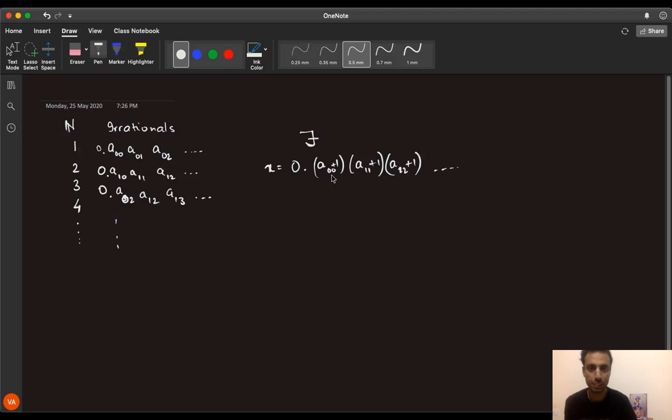Even if A10 is the same as A00 plus 1, this entry will still mismatch, right? Similarly, X is not equal to the third number because of A22. I did not write it properly. This is A20, A21 and A22. Right? Okay.